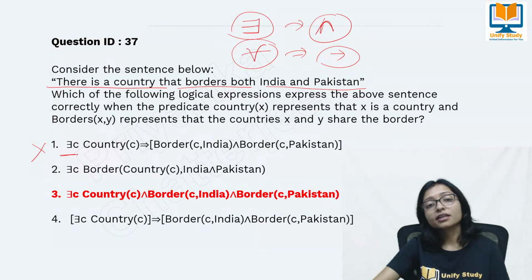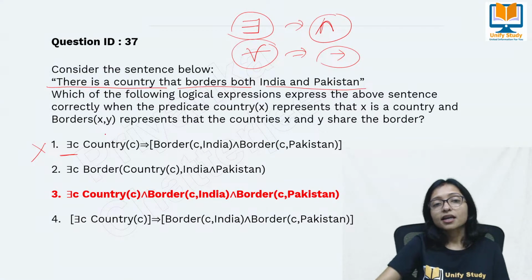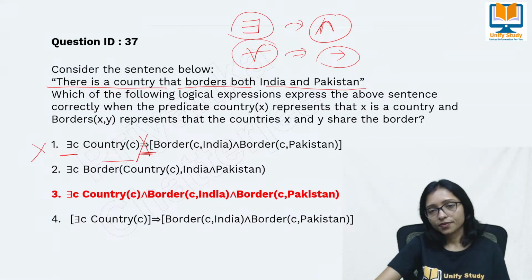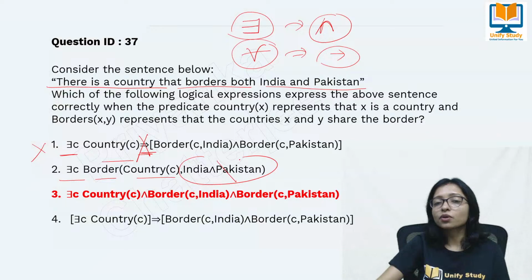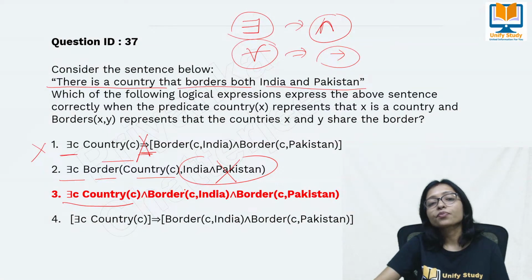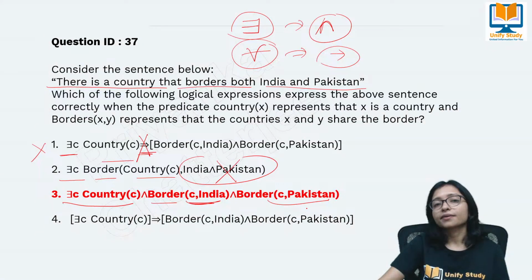So it is given there exists, country C implies. This is wrong. Here there exists C border, country C. Here the domain is particularly not related. Here you are telling there exists C, country C, means there is a country which is border of Nepal and border of Pakistan.